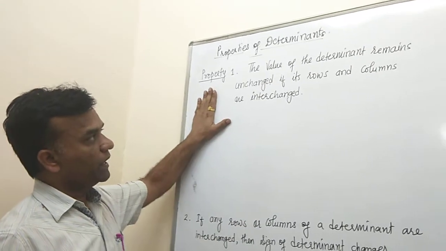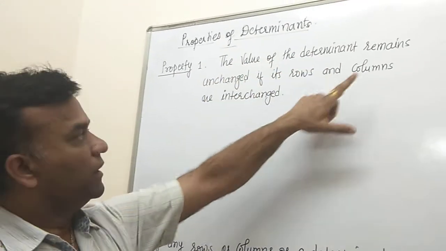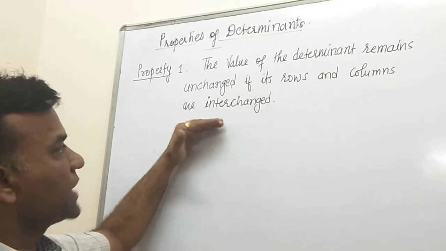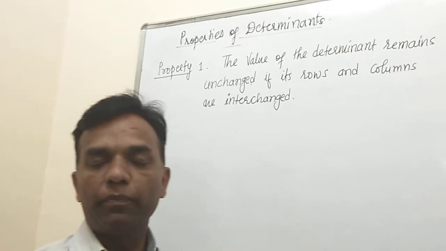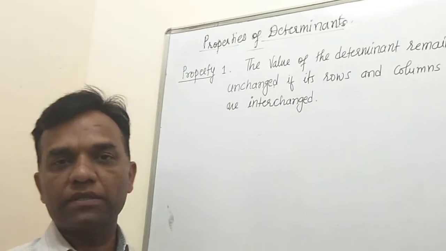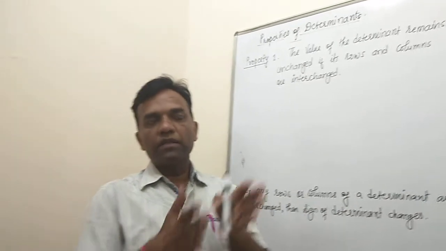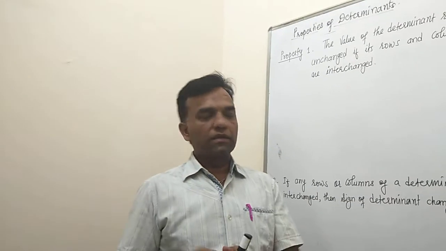So the first property: the value of the determinant remains unchanged if its rows and columns are interchanged. It means if the rows of your given matrix are completely converted into columns, then there is no effect on the answer.